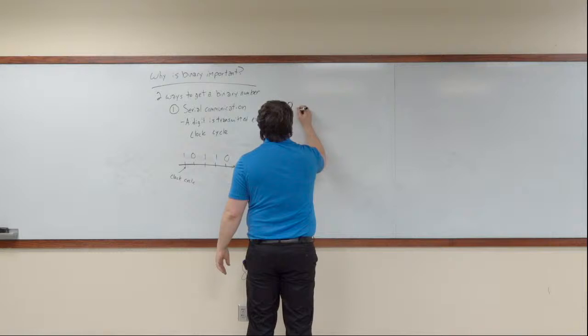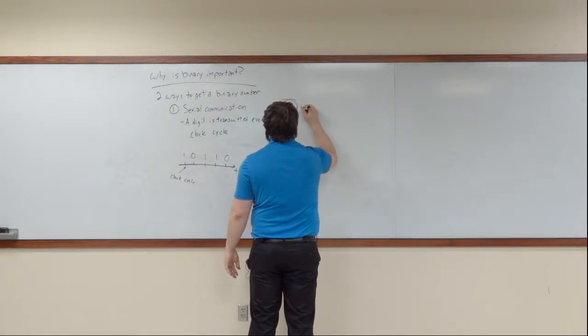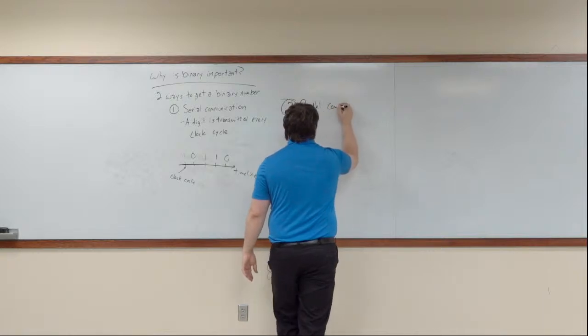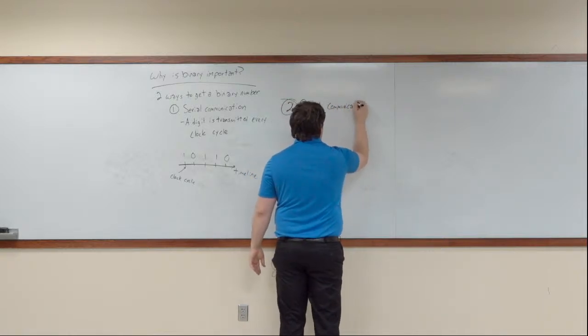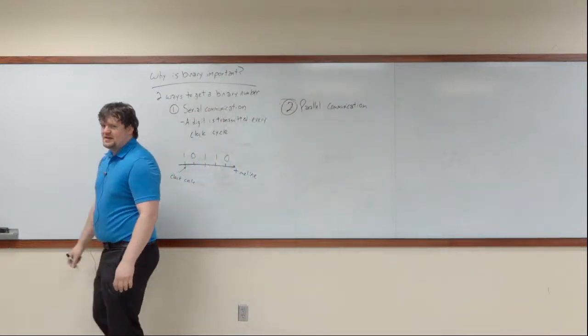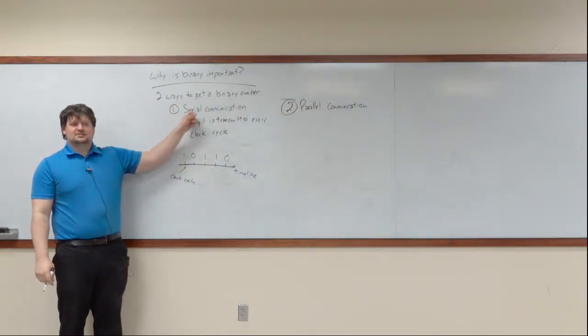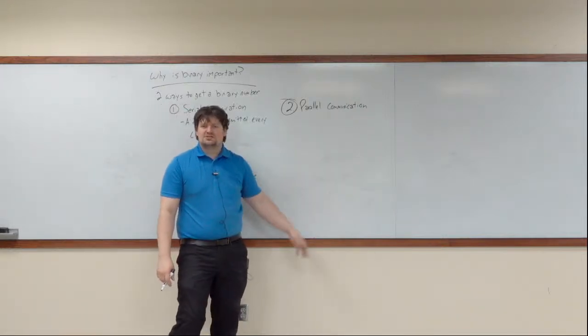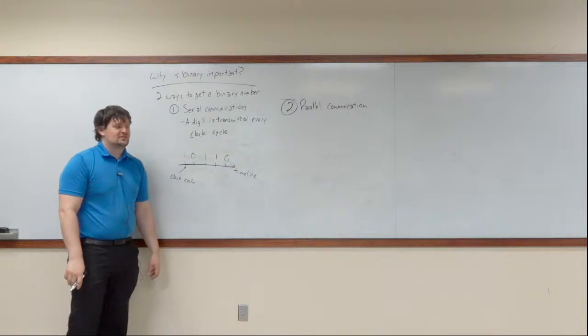But the second way is called parallel communication. Now, you'll notice again, the base word here is series. The base word here is parallel. You see that a lot in circuits.